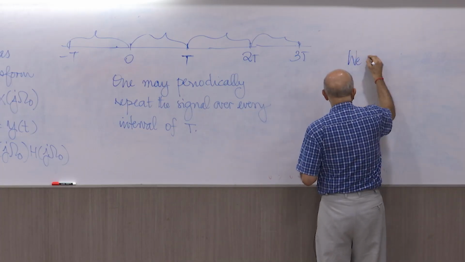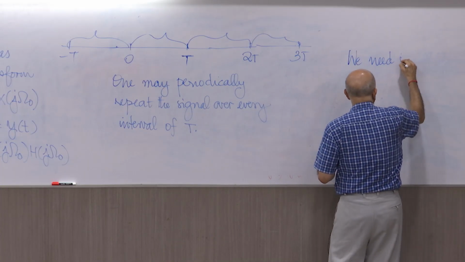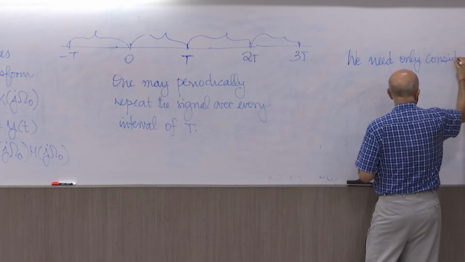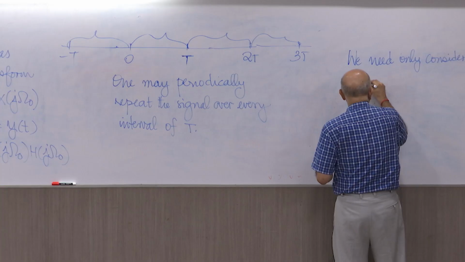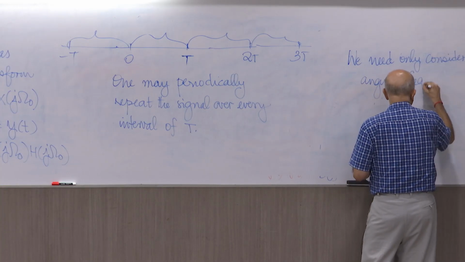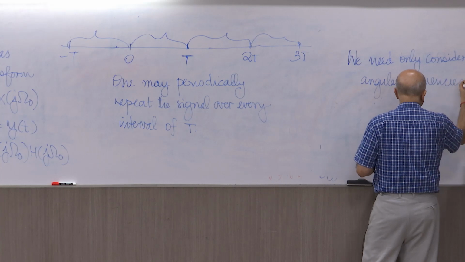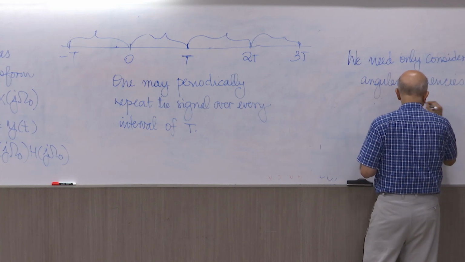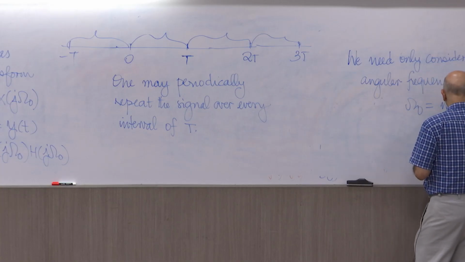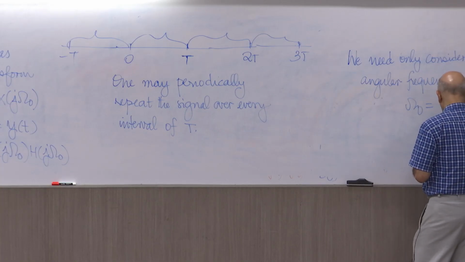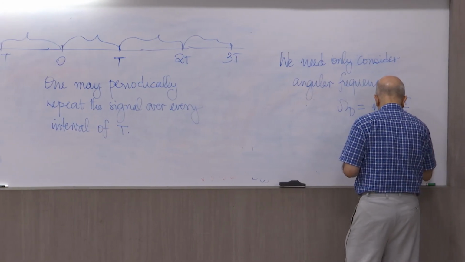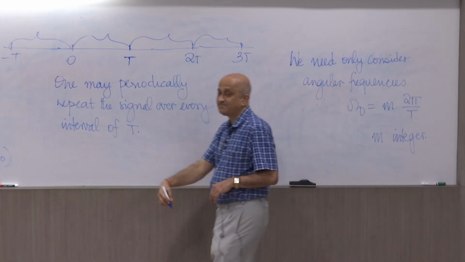So we need only consider angular frequencies omega naught which are multiples of 2 pi by t, m times 2 pi by t, m an integer.